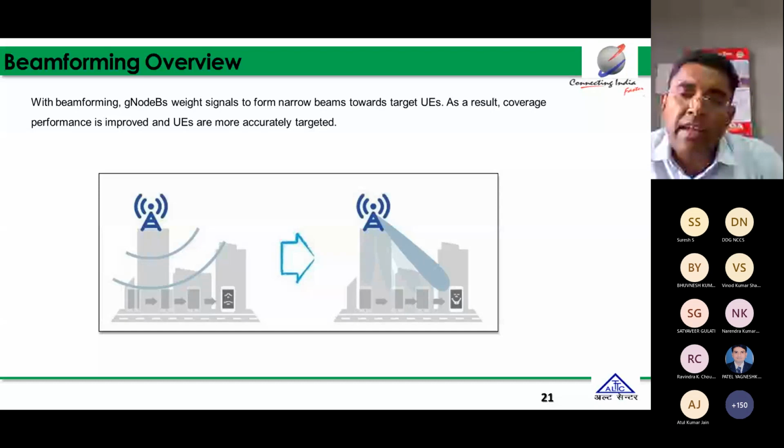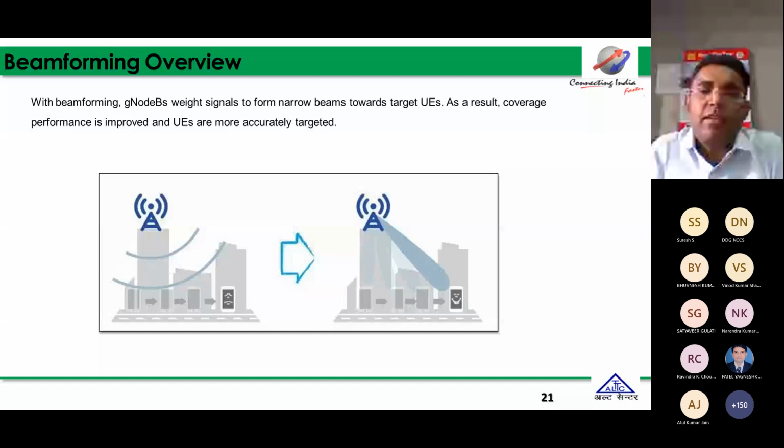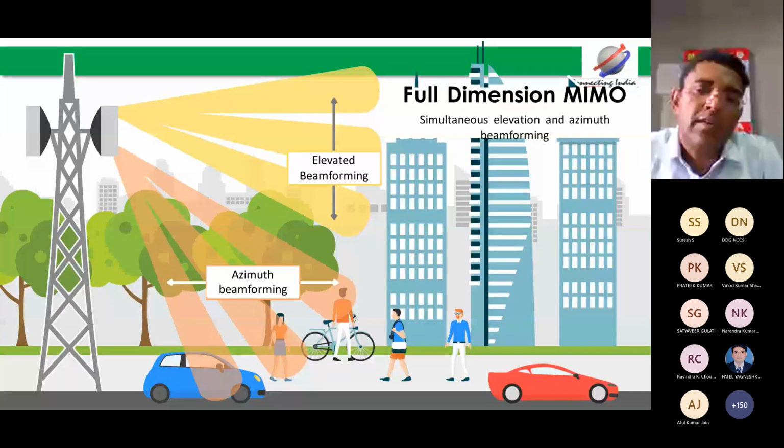With the help of beamforming, your beams are narrower and narrower. It improves the SINR, the signal to interference plus noise ratio, and after improving the SINR, your throughput will be increased.